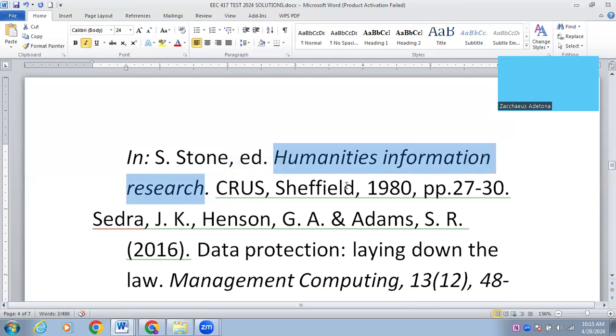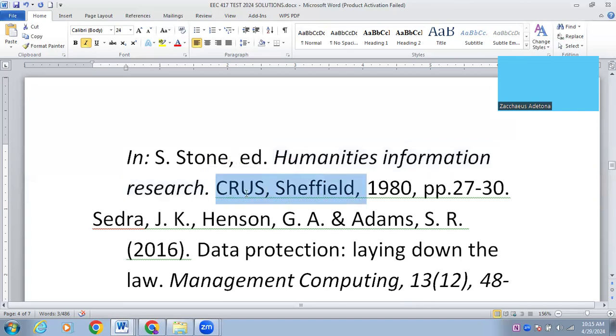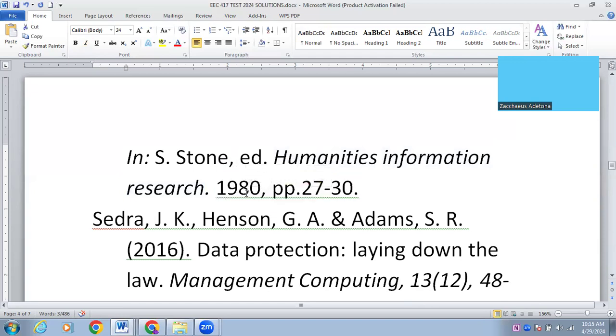So right now, APA 7th edition doesn't want us to put the city of publication any longer, but we put the year and the page numbers. That's what we have. Okay, so take note of that.